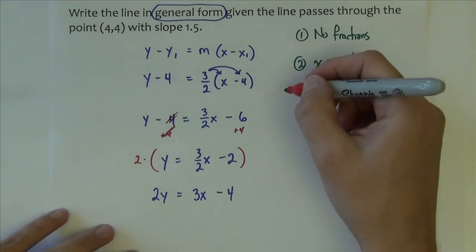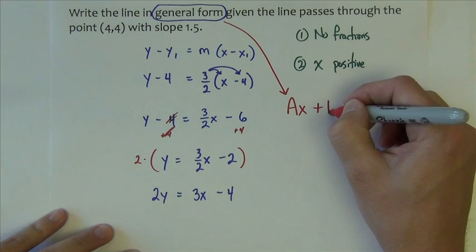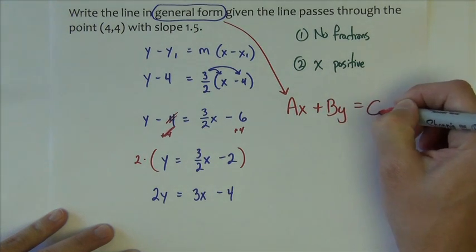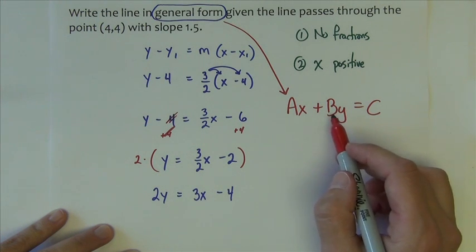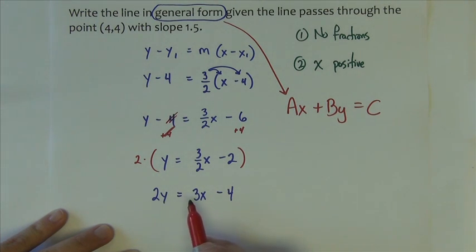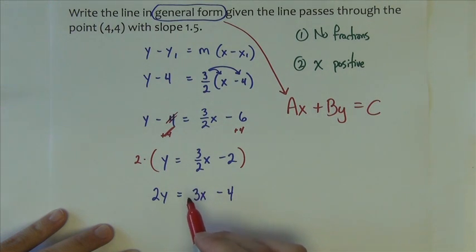Now, to get to the general form, again, the general form, so this right here, notice the x and y are on the same side of the equal sign. I need these two terms on the same side, and this one has to be positive because I want the x to be positive. So if I want the x to be positive and I want the y on the same side as the x, I'm going to leave my x right here.